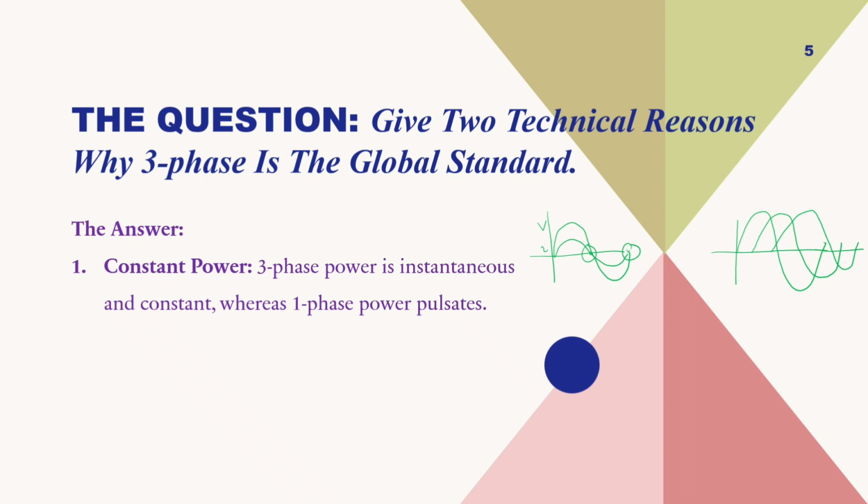So even if at one instant the power drops to zero in one phase, the other two phases are live. So power is not pulsating, it is instantaneous, and you'll have a definite constant value at each instant of the three-phase power supply. So that is one reason.